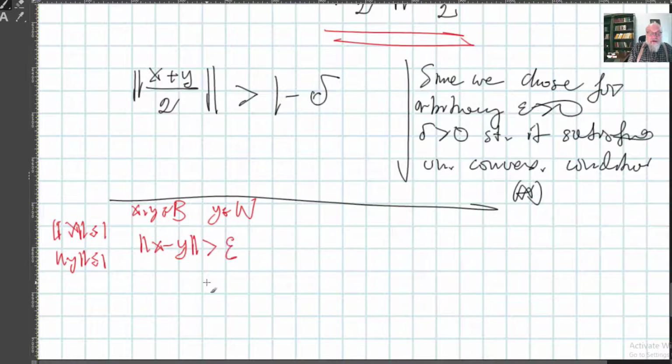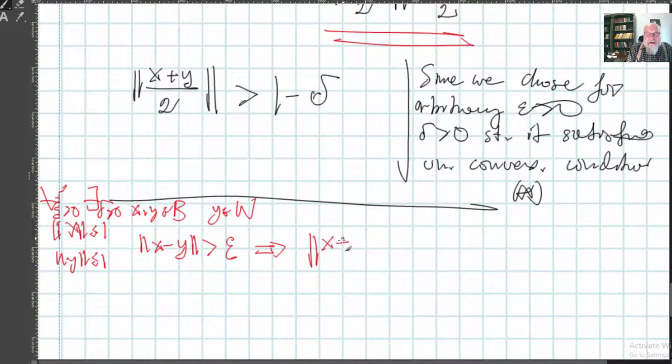Then this implies that for every epsilon larger than 0, there exists a delta larger than 0 such that the norm of x plus y divided by 2 is smaller than 1 minus delta. Let me check it.